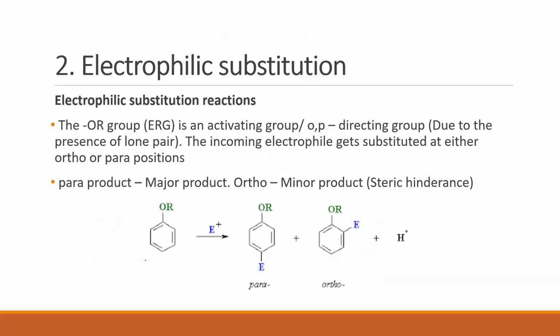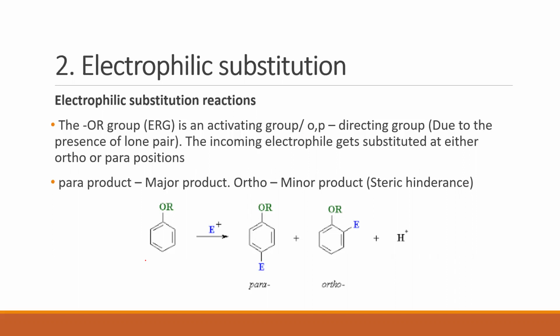That leaves us with the last reaction that we need to understand in this chapter, which is electrophilic substitution reaction. Just like in the previous case, whenever we are talking about electrophilic substitution, we need to talk about what kind of group the functional group is, whether it is an electron releasing group or an electron withdrawing group. Why do I need to know that?